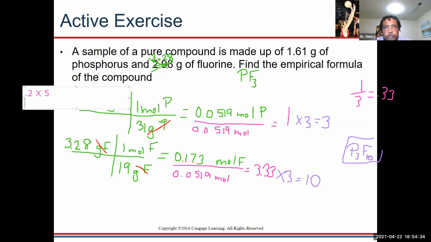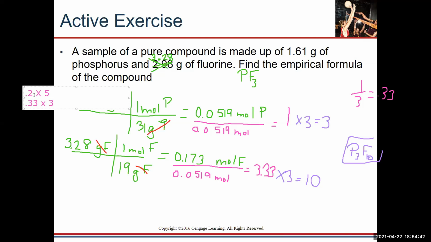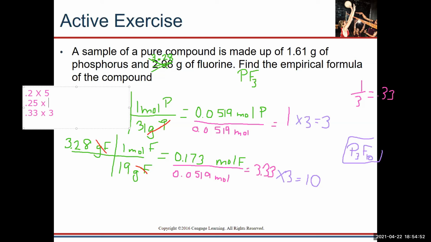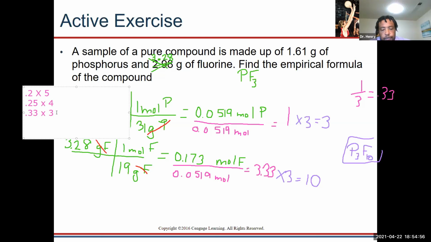If it ends in 0.33, we need to multiply it by what? 3. If it ends in 0.25, we need to multiply it by what? 4. If it ends in 0.5, we need to multiply it by 2.